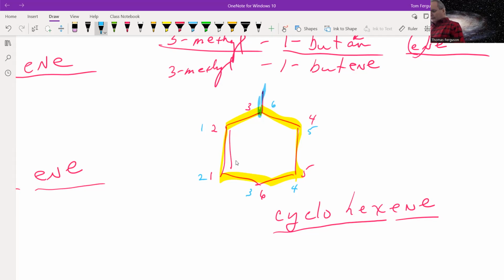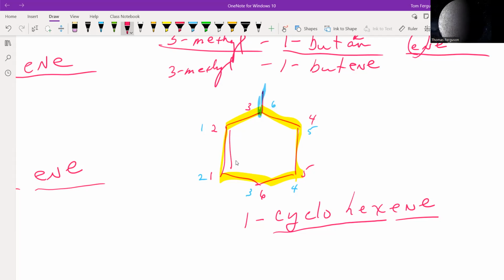So in this case, interestingly, if you say 1-cyclohexene, that's fine. If you don't have a number 1 there, it's assumed that it starts at carbon number 1. I like to include it so it's consistent.